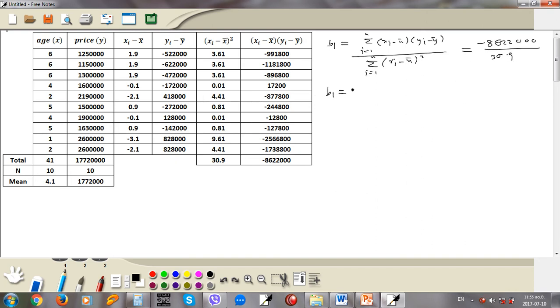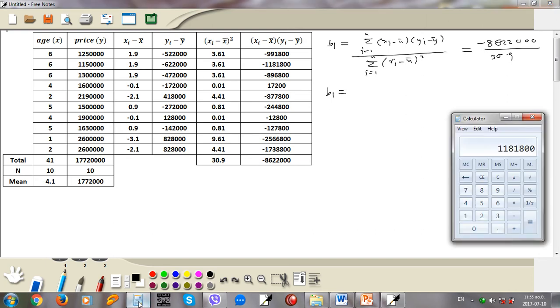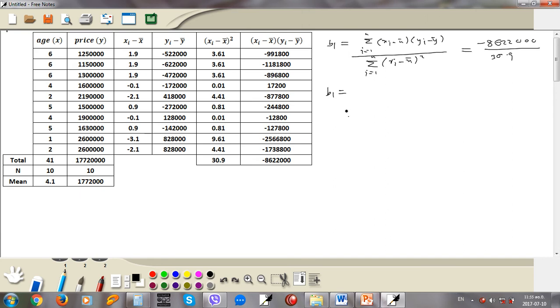So b1 is minus 279,029.13. Now we found b1.